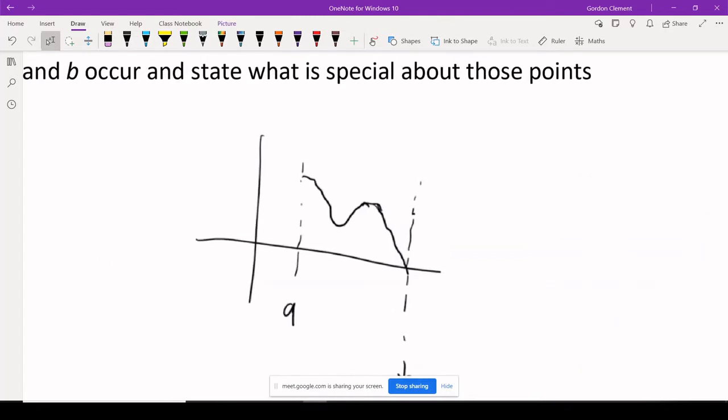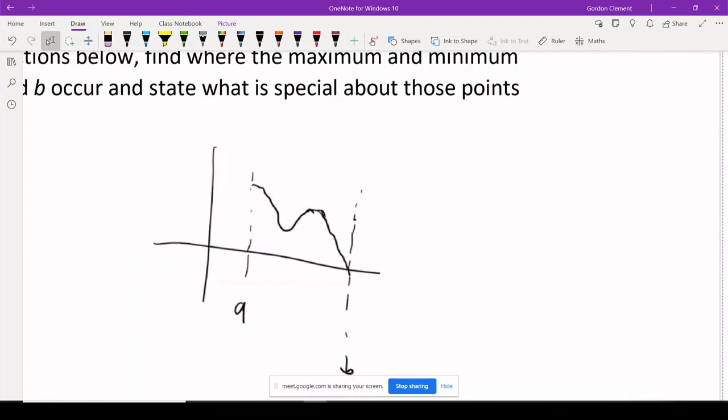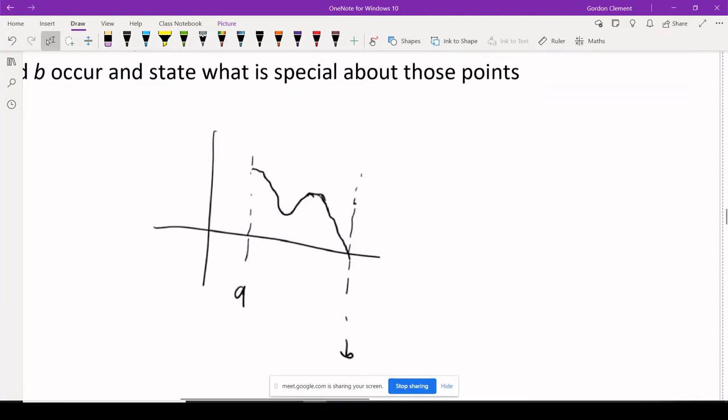If I look at this picture here, where's my max and min? Yep. And then the min down here at B, right? So here the max and min on that interval are the endpoints of the interval.